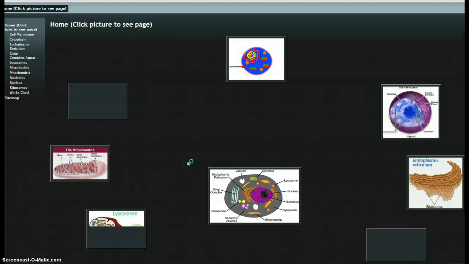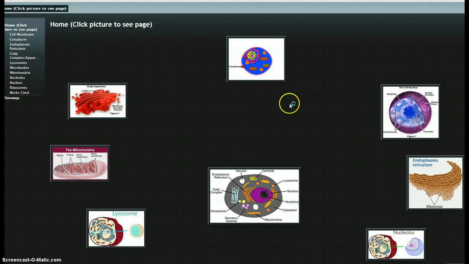It is a site that would help you perhaps to understand some of these cellular organelles. This is a site that I had students work with me on to make a website that we could share with people that would explain what each of the organelles in the general cell does.